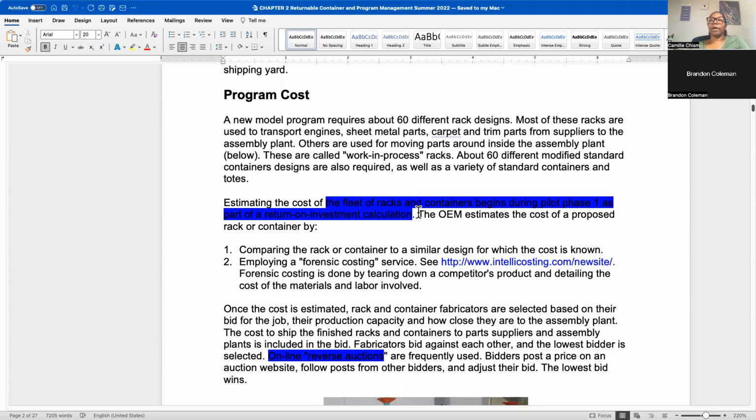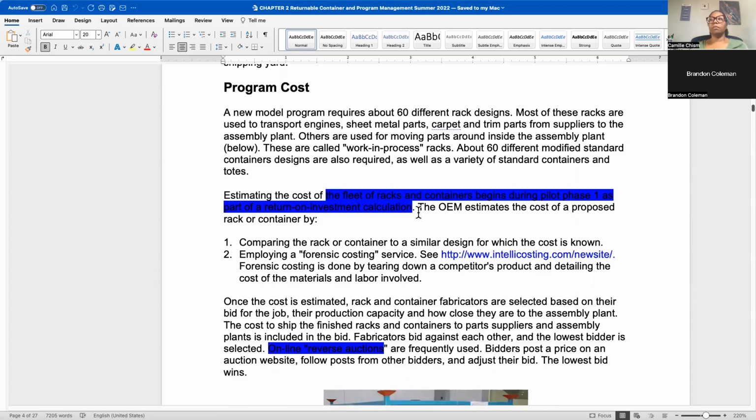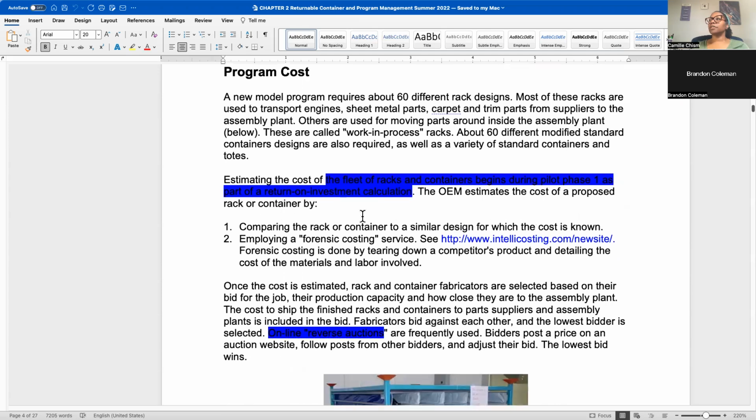And as you do more and more programs, you'll be able to get more detail and get closer to what you think the cost will be. I mentioned here, one of the ways they can estimate the cost is to compare that packaging to a similar design. So when I mentioned this program is going to use the same engine, or the same seating, or the same chassis, or the same truck bed, they can take, okay, we spent this much for it before, for 300,000 of them.